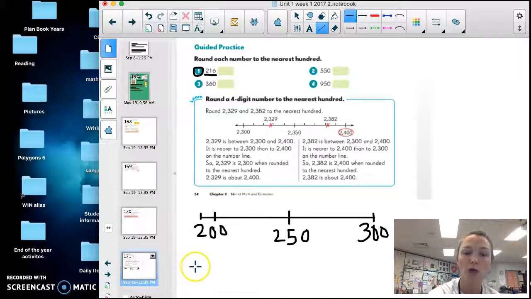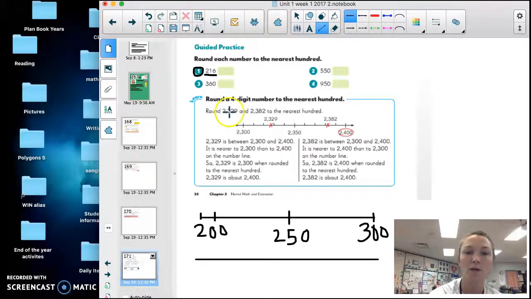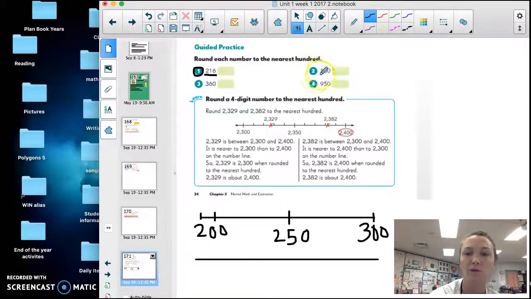Again, you can try your own number lines for the next three also. I'm going to do number 2. Put your 500 at the beginning, and then your 600 on the other end. Your middle marker, that benchmark, is going to be 550.